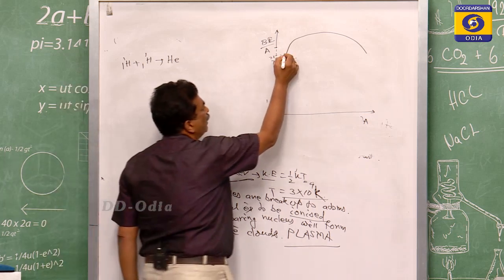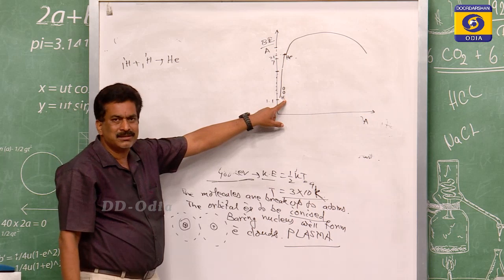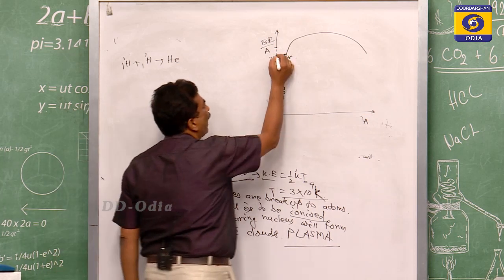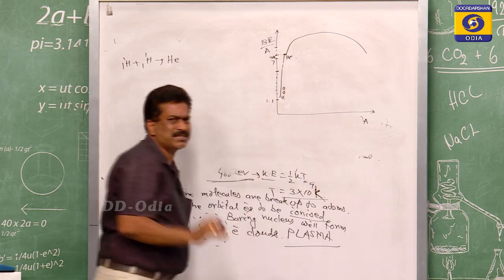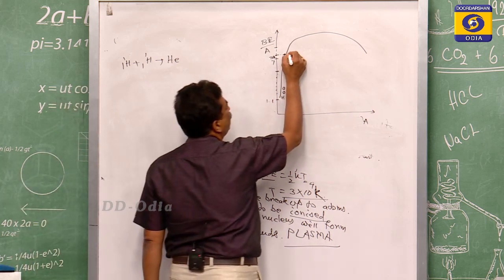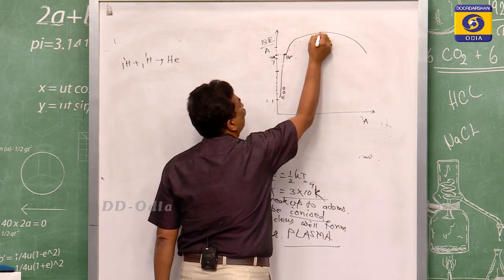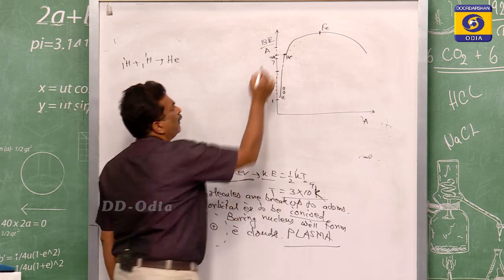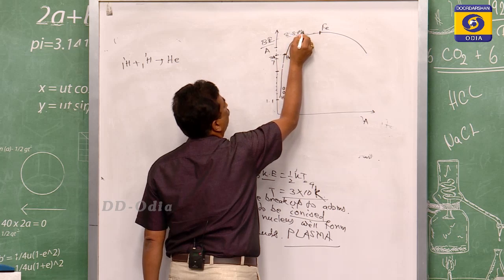Helium is here. So the hydrogens which have the energy 1.1 now achieve the position of 7.2 to 7.6. Within this interval it will exist. If you go higher, the maximum will be iron, and that maximum will be 8.8 MeV.